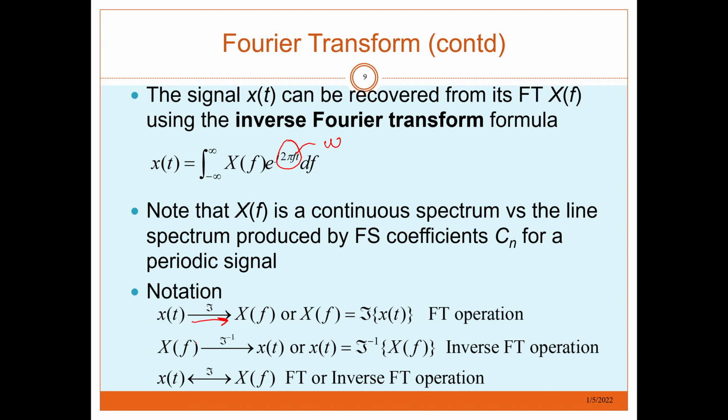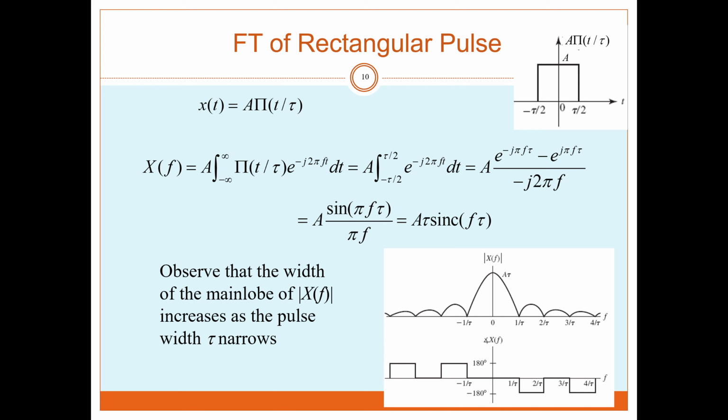If it's inverse, frequency to time, it is inverse FT. If we use this symbol, both sides are called FT or inverse FT operations. Okay, that means it can be two functions, from time to frequency and from frequency to time.